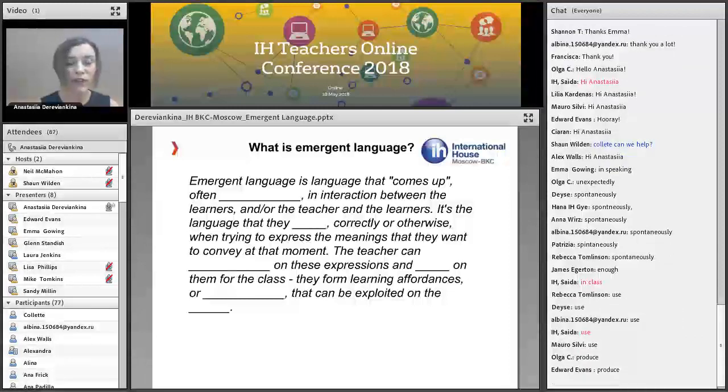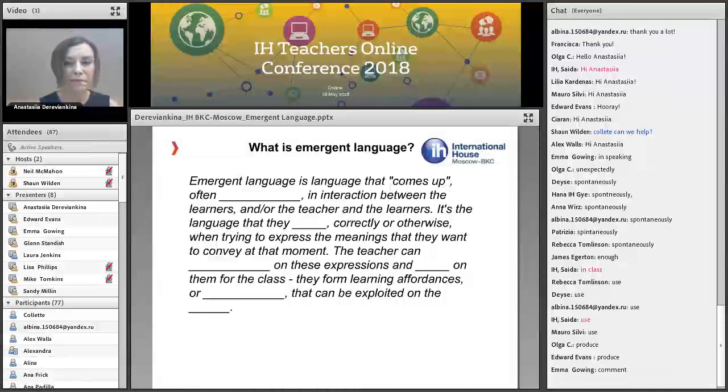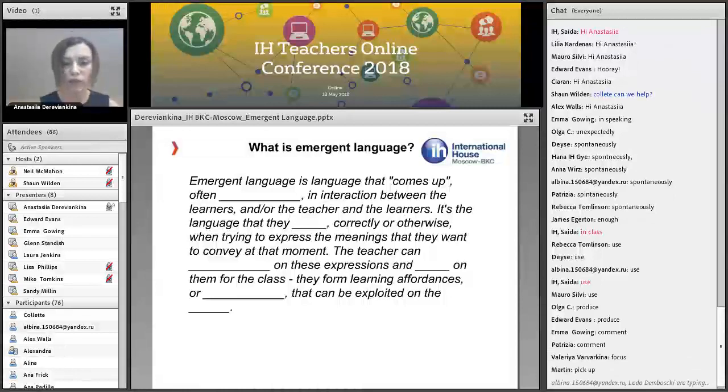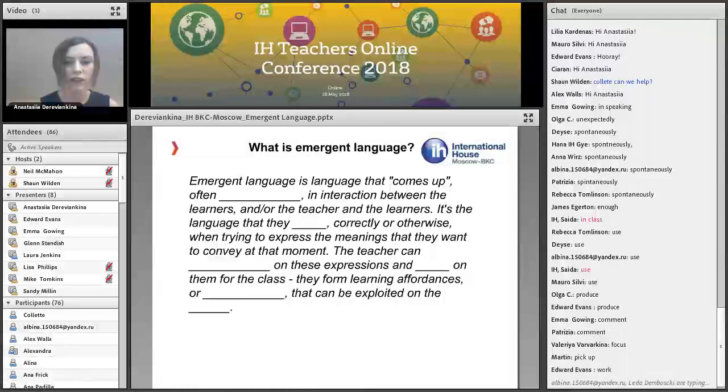Correctly or otherwise, when trying to express the meanings that they want to convey at that moment, and the teacher can comment on these expressions, or focus on these expressions. Good. All right, pick up on these expressions and work on them for the class.